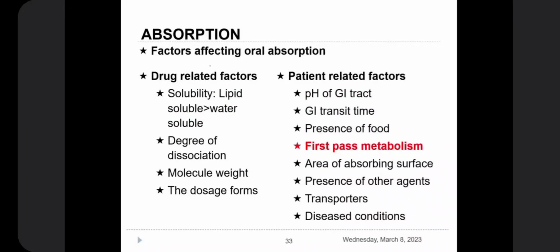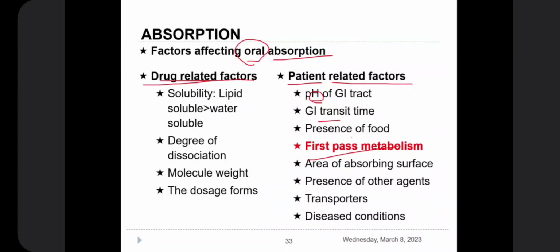Okay, next let's see some factors affecting oral absorption. The drug-related factors are very similar to what I said. We should put our emphasis on the patient-related factors, like the pH and the GI transit time, the influence of food, first pass metabolism, and others.